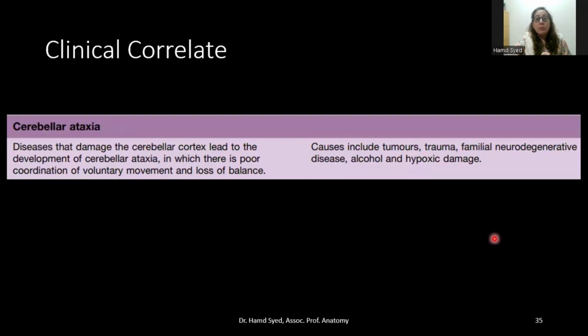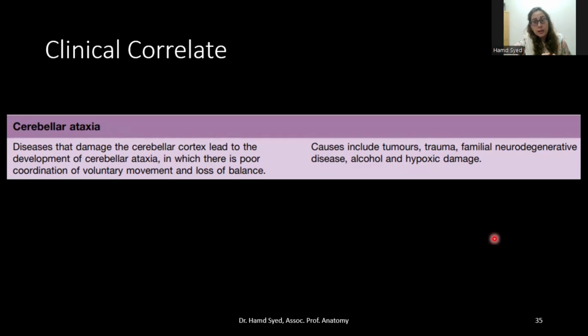So that concludes the basic histology of the cerebellar cortex, and now just a little bit of a clinical correlation. There is the condition which is known as cerebellar ataxia. If there is a disease that damages the cerebellar cortex, and this damage can occur due to a trauma or tumor or some neurodegenerative diseases, and also it can be drug related due to alcohol or hypoxic damage.